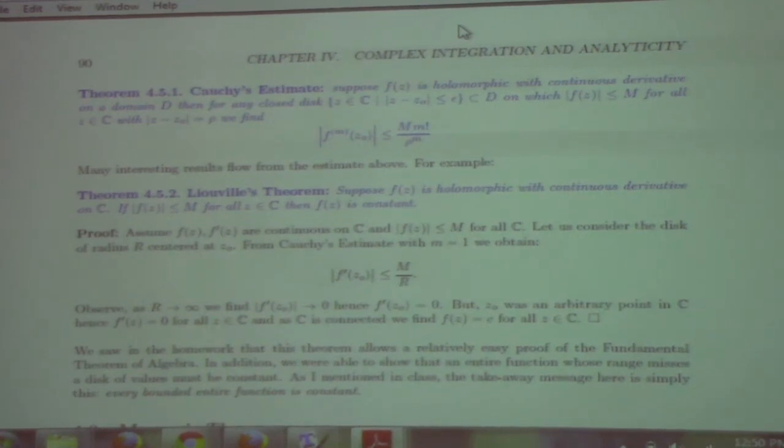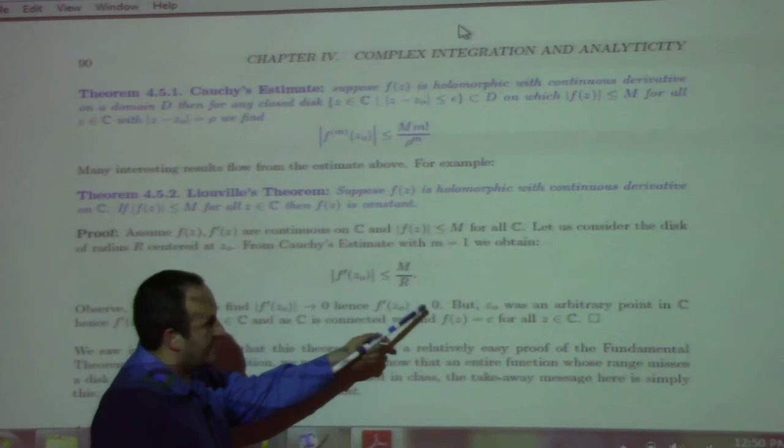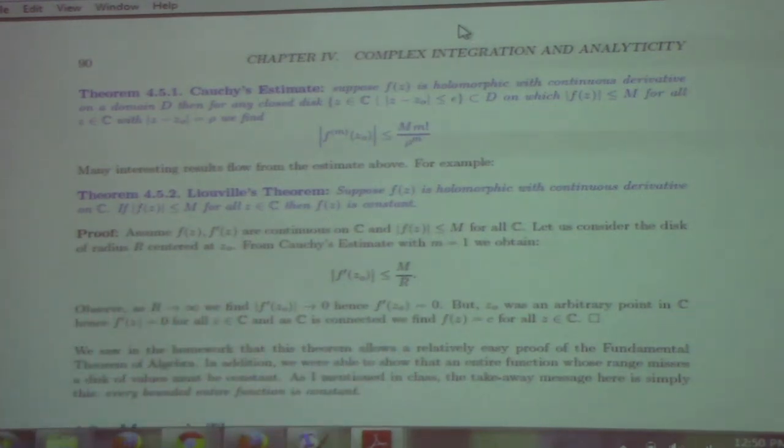But z naught was arbitrary, so you've just shown that the derivative is 0 everywhere, but the complex plane is connected. If we have 0 derivative on a connected set, it has to be identically what? It has to be constant. We proved that earlier. So then it follows that f of z is just equal to c for some constant. And this is Liouville's theorem.